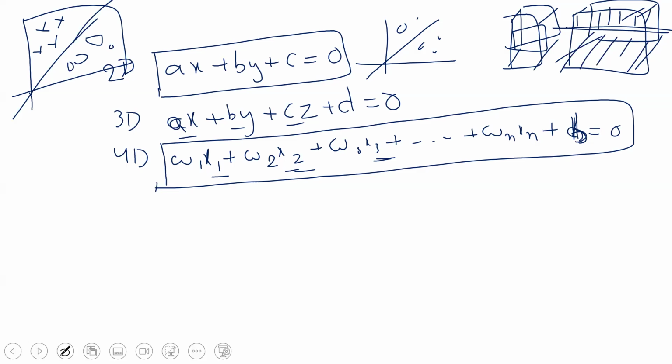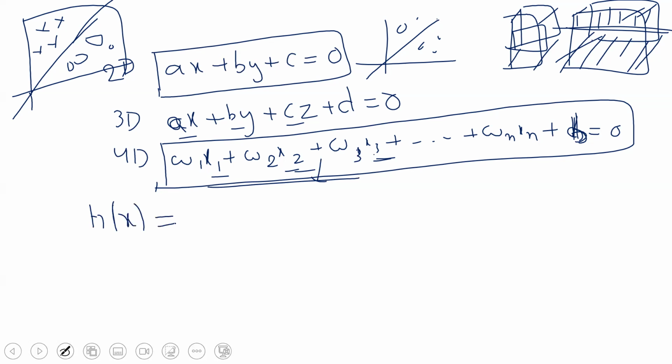Okay, so the general notation of the hyperplane is represented in this format. The hyperplane in 2D is called a line, in 3D it is called a plane. When it goes to higher dimensions, we call it a hyperplane. Is there a simple way to represent this? I'll call the hyperplane, starting from now, h of x.